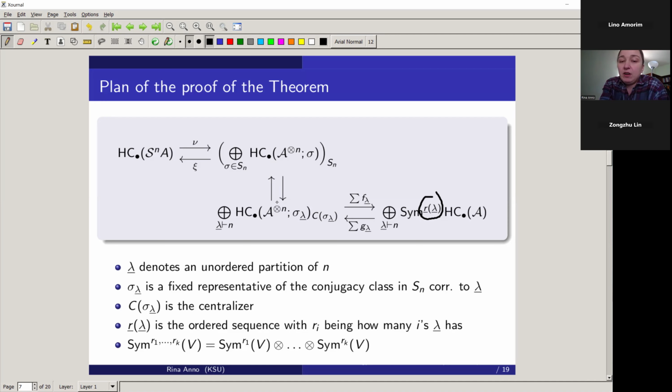So we need to symmetrize copies of HC of A that correspond to cycles of the same length. And that's what the symmetric power of R of lambda represents. We take a product of HC of A, one for every cycle, and then we symmetrize the ones that correspond to cycles of the same length.